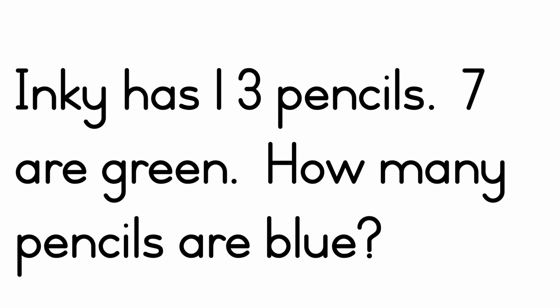And then we're going to take away the 7 green ones. So our sum will be 13 take away or minus 7, and then equals, and then your answer will be 6. So 6 pencils are blue.